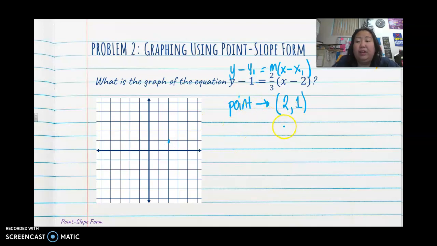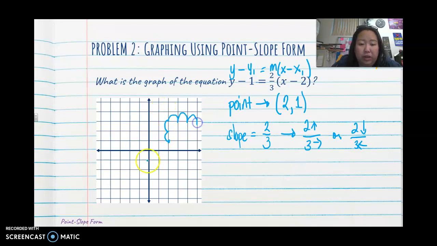And then how do we find a second point? Remember, we need 2 points to create a line. So we will use the slope, which is 2/3, which means we can move 2 up, 3 to the right, or you can go 2 down, 3 to the left. Okay, so since we have enough space in either direction, let's just go up by 2. So we have 1, 2, and then 3 to the right, 1, 2, 3.